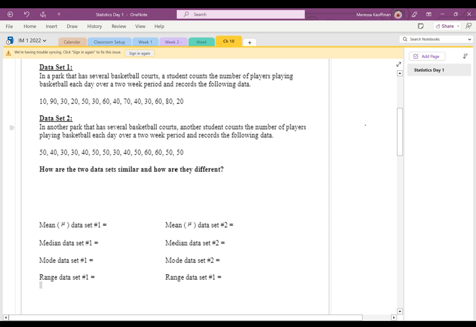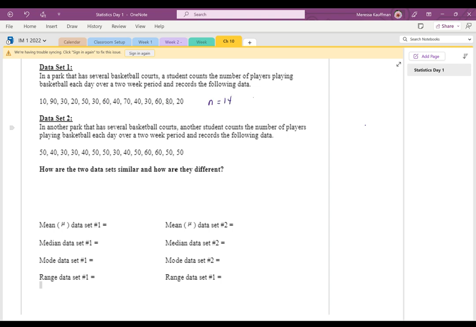So to find the mean, I need to take all this and divide, not by 2, but by the number of numbers. Let's count how many we have: 1, 2, 3, 4, 5, 6, 7, 8, 9, 10, 11, 12, 13, 14. I'm going to write n is equal to 14.